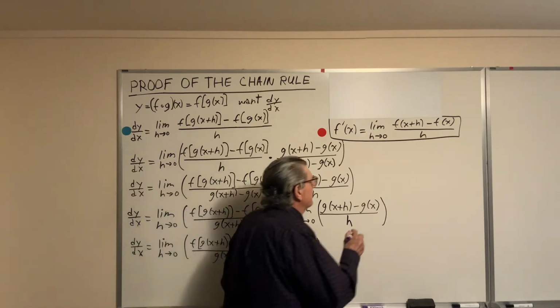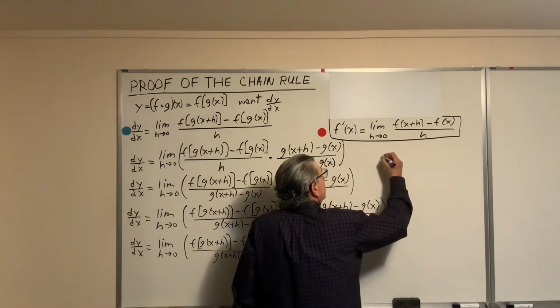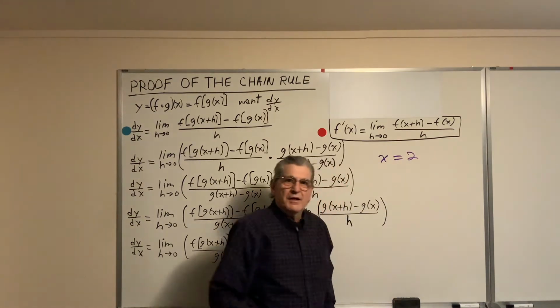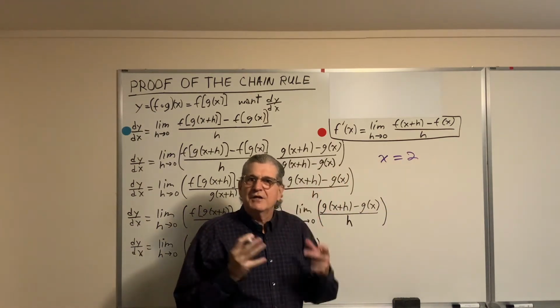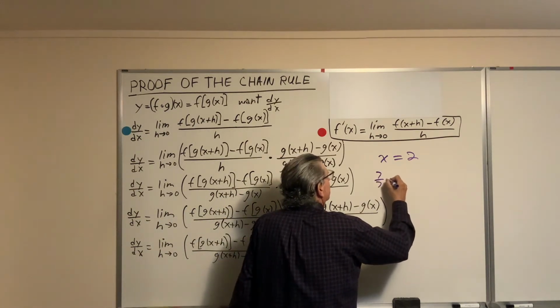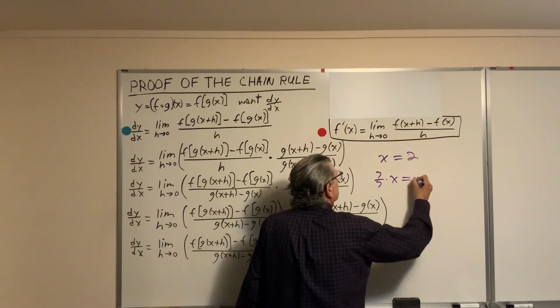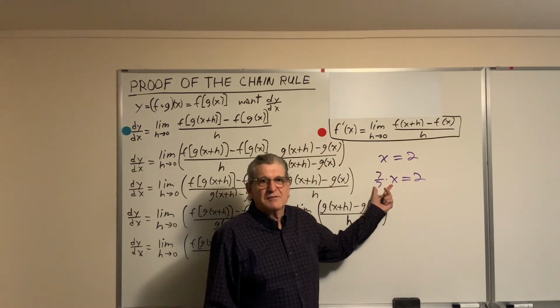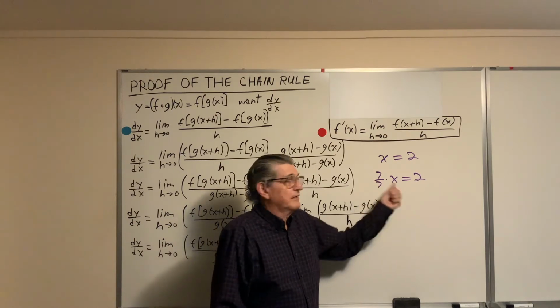I'll show you what I mean by a special 1. If we have, say, x equals 2, and I multiply the top and bottom of x by 7 over 7 times x, this isn't changing anything. I'm multiplying by 7 over 7. I'm multiplying by 1. Nothing changes here.